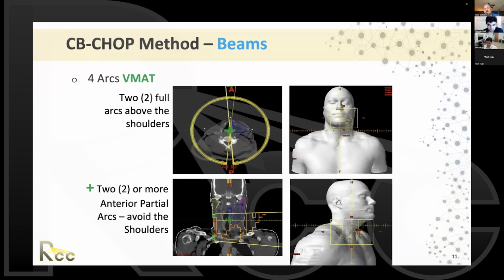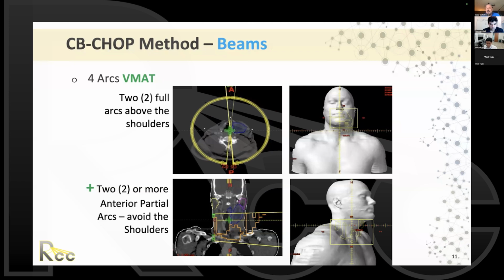Here it's the same. You can select full arcs above the shoulders, and these are full arcs because we're not going through the shoulders. And then you might select 2 more arcs on the anterior aspect, so they are partial arcs, basically anterior partial arcs, to avoid the shoulder.